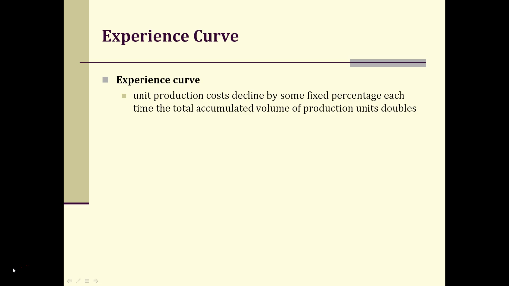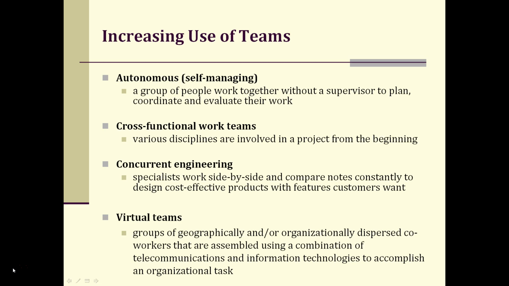For example, over two-thirds of large US companies are successfully using autonomous or self-managing work teams, in which a group of people works together without a supervisor to plan, coordinate, and evaluate their work.